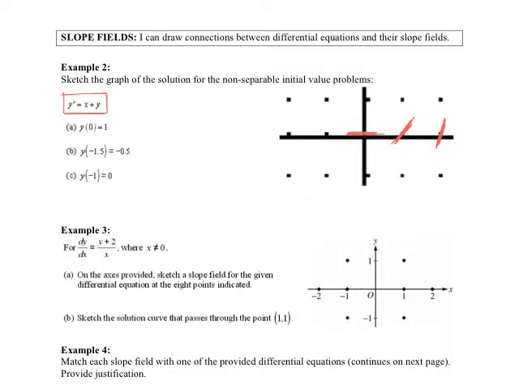Sorry, I was saying that wrong. (0, 0) is right here, and then (1, 0) and (2, 0). Had them backwards. If I plug in (1, 1), I'm going to get a slope of 2.